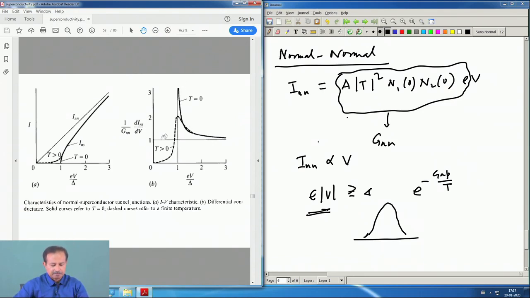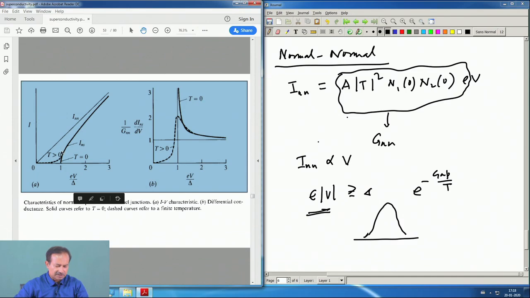Look at the structure: it is exactly like the density of states at T equal to 0. At finite temperature there is of course a smearing, and the smearing follows this curve, but this also tells you that there is a large pile up of density of states at EV equal to delta.